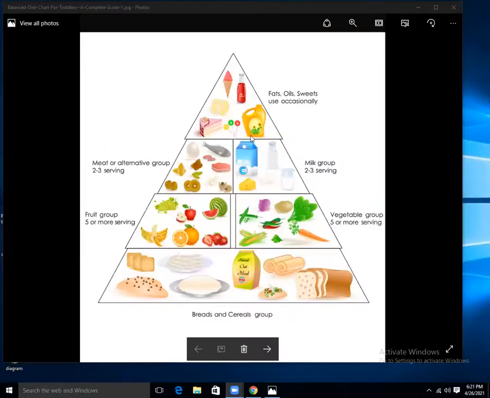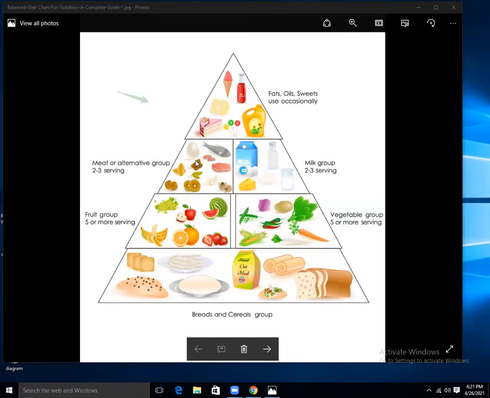Students, this is a picture of balanced diet. In this diet, the first group is fats, oil, and sweets. We use the fats, oil, and sweets also in our diets in a proper way.